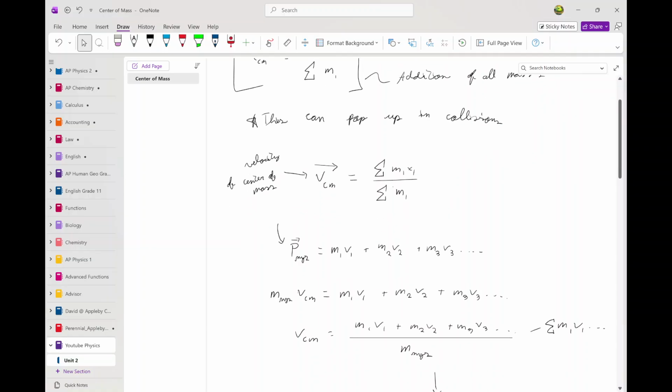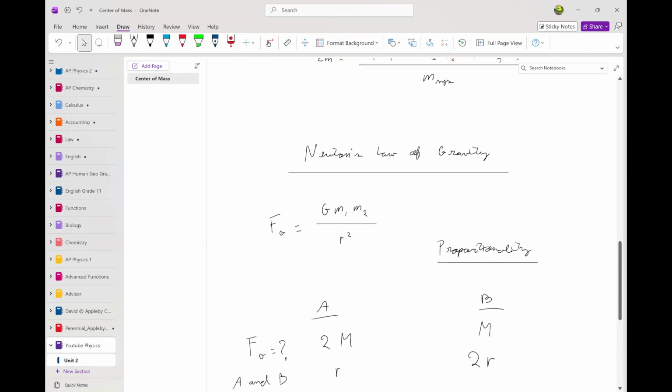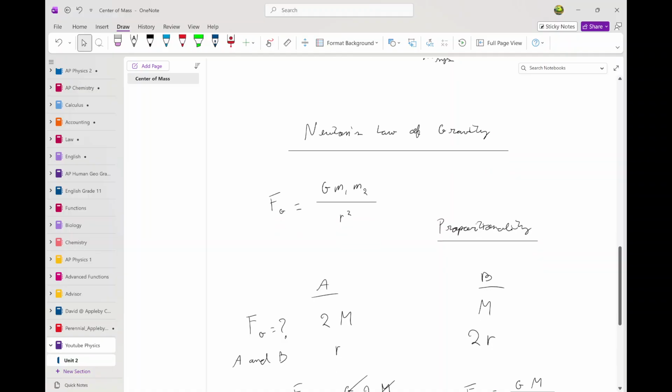And this has to do with not exactly the gravitational force, but the potential gravitational energy. So due to that, less kinetic energy will be needed to reach that height. That has to do with Newton's law of gravity and the center of mass.